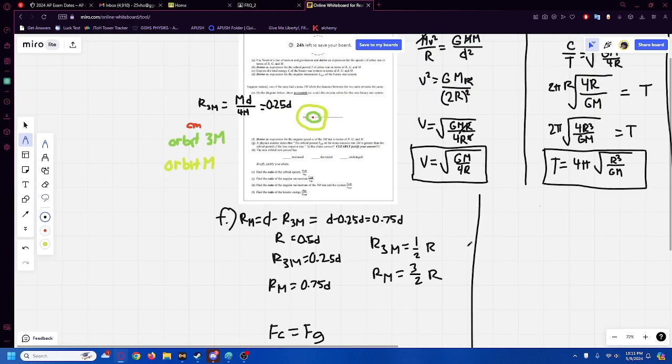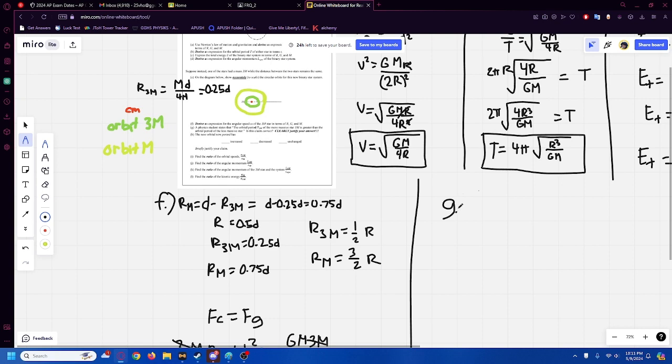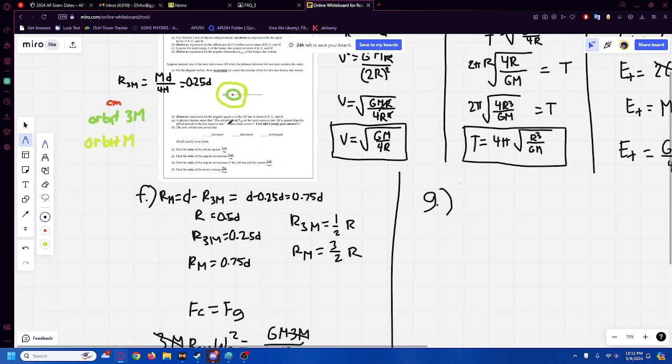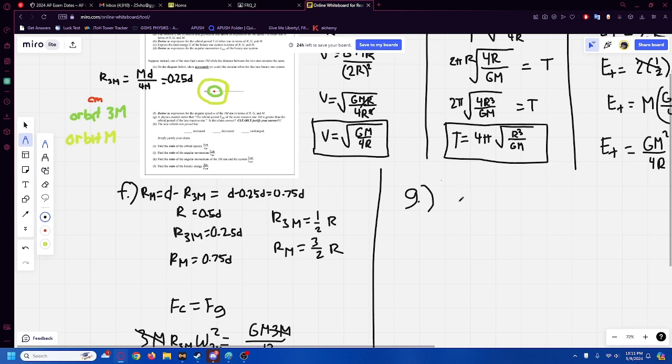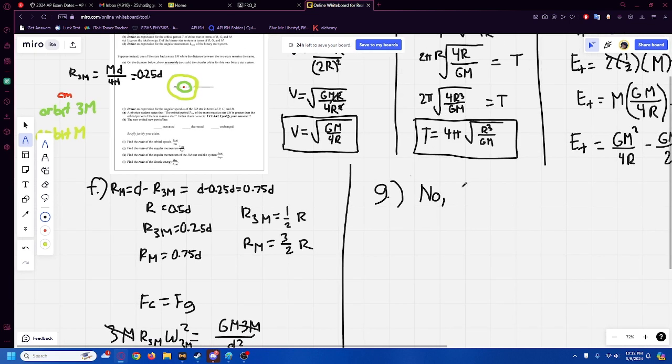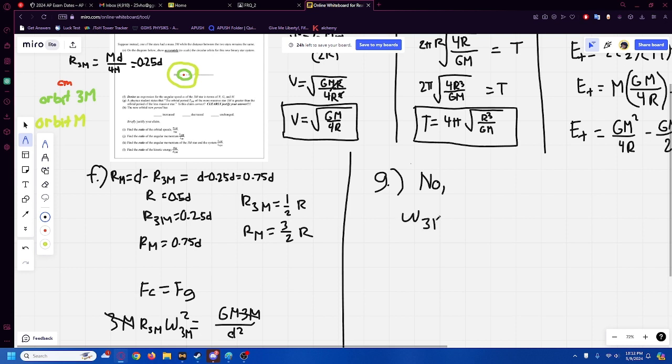Part G is asking if the physics student's statement that the orbital period of the more massive star is greater than the orbital period of the less massive star is incorrect, because omega 3m is equal to omega m because it's in a binary system.